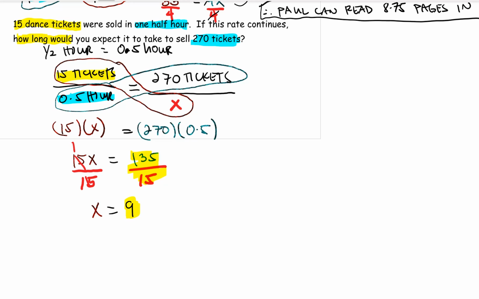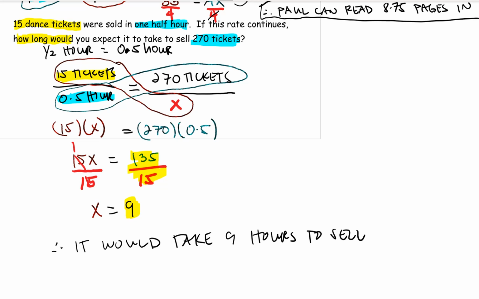And we defined x as the number of hours. So therefore, you would say it would take 9 hours to sell 270 tickets.